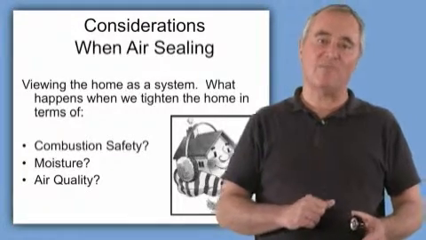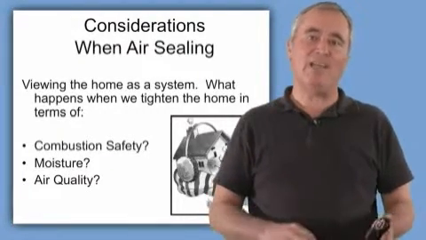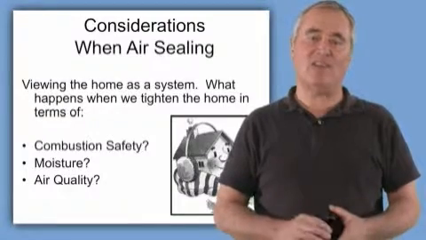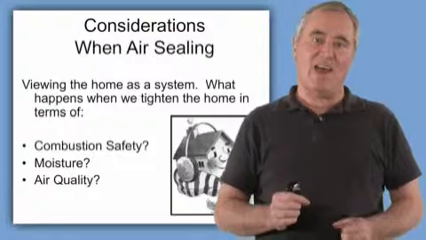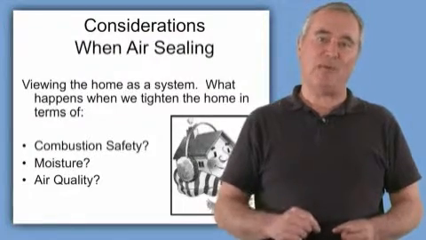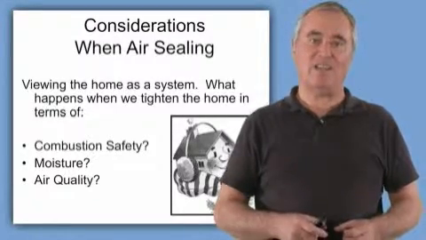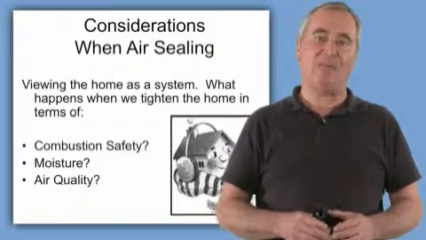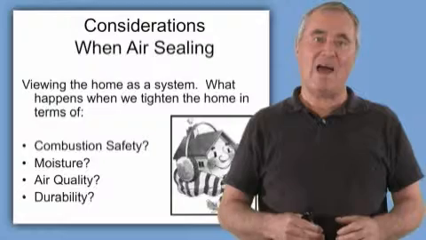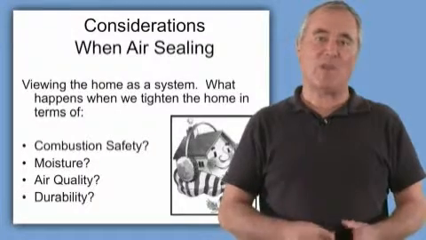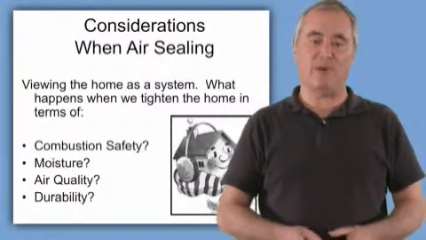We often rely on air leakage to help us ventilate the air in our house to keep our indoor air better. And as we air seal and reduce that leakage, we have to pay attention to indoor air quality. So as we pursue air sealing, we have to keep in mind the whole house as a system concept and make sure we don't do damage in other areas.